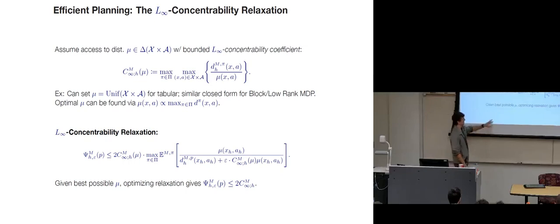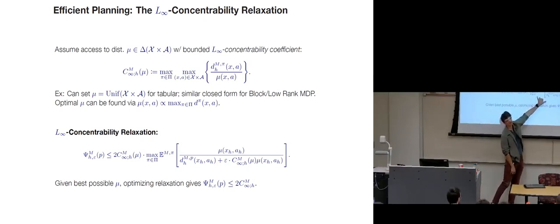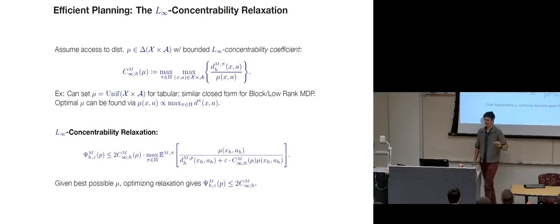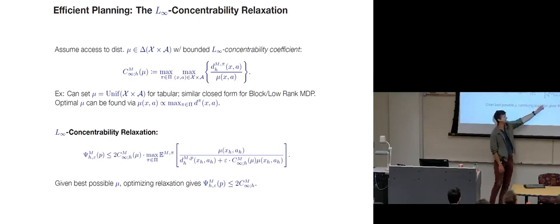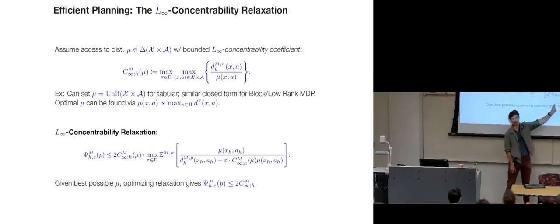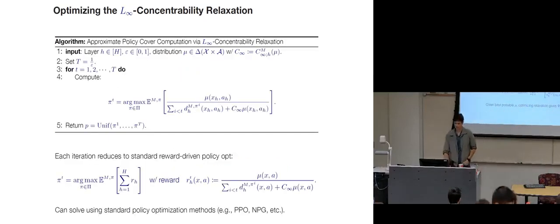And then the relaxation goes as follows. The true coverability parameter is upper bounded by whatever coefficient you have for your mu times this alternate coverage parameter. And this one is much nicer. This one is actually just amenable to planning. So if you just had a planning routine, you could call it on this fixed reward function, and you'd be done.